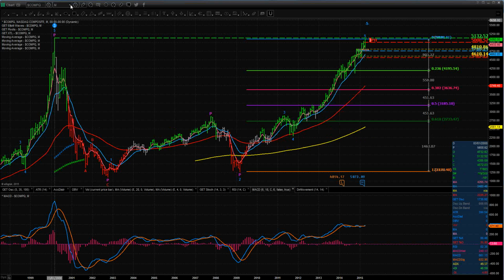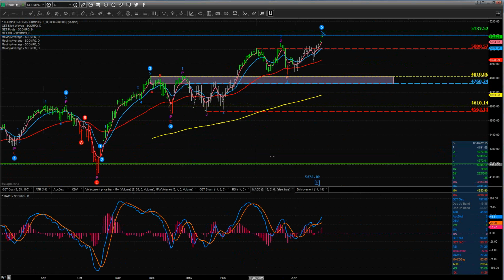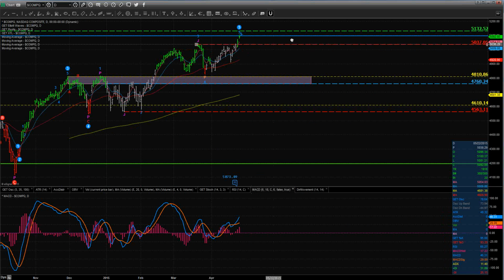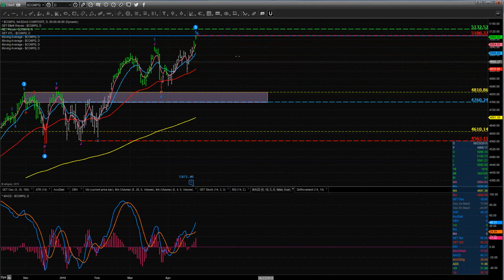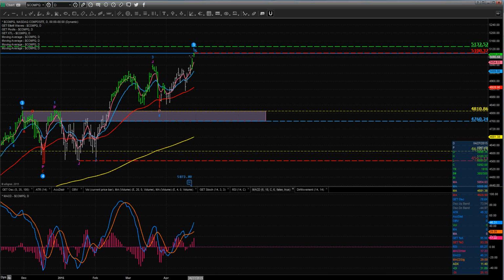Now, if we come in here, and let's just take it down to the daily, I'll show you a breakout here. You can see that green line right here. That is the all-time high of the NASDAQ. That red line right there that I just put on is the 2015 high. So today, on an intraday basis, the NASDAQ went up to 5,137.